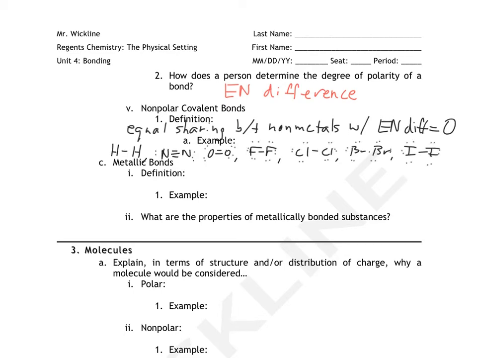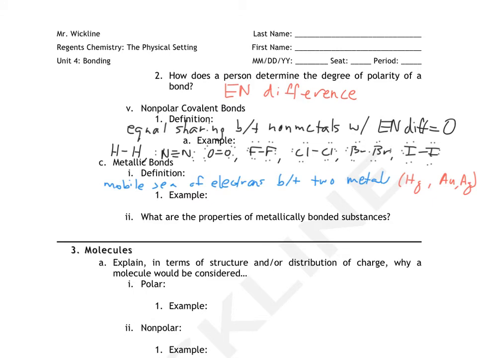Okay, lastly, metallic bonds. Metallic bonds occur between atoms of two metals. And of course, the term that's associated with them the most closely would be the mobile sea of electrons.